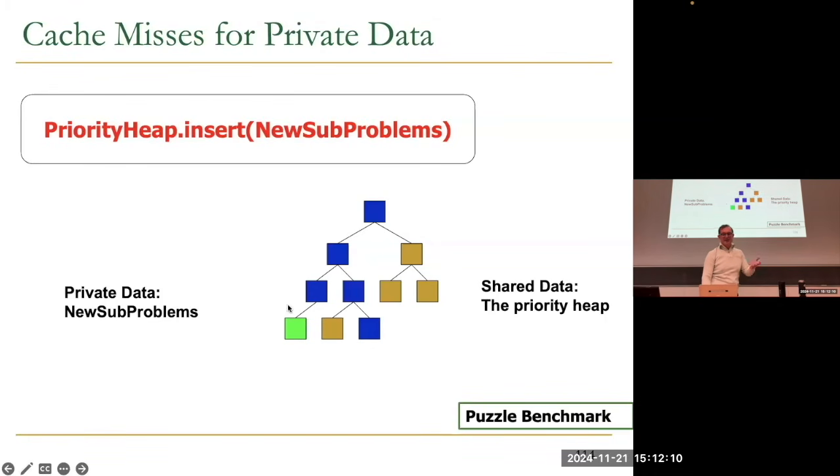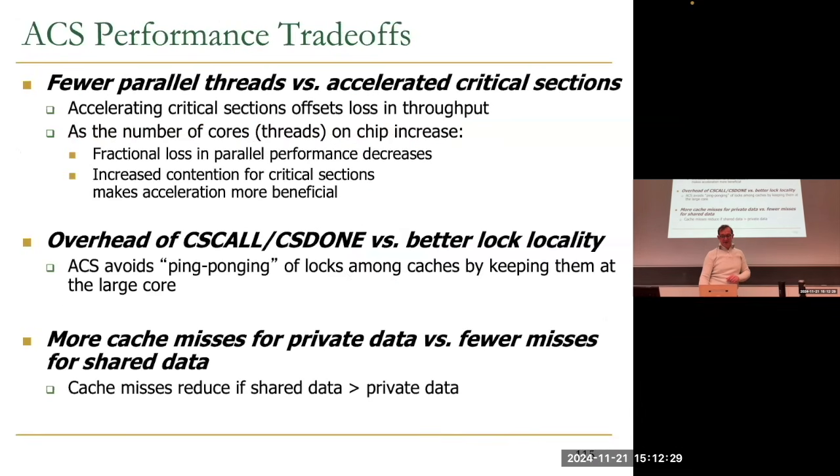So this is a case where the benefits of keeping the shared data on the large core outweigh the downsides of communicating the private data. But of course, this is not always the case. If you're adding a huge thing and your shared data is small, then there could be differences. Okay, so basically cache misses reduce if the shared data that you touch is greater than the private data that you touch.